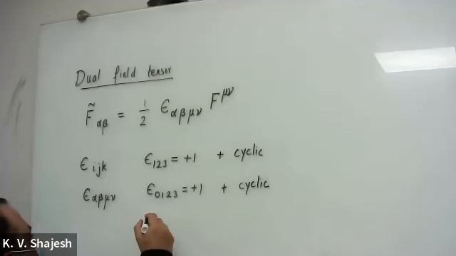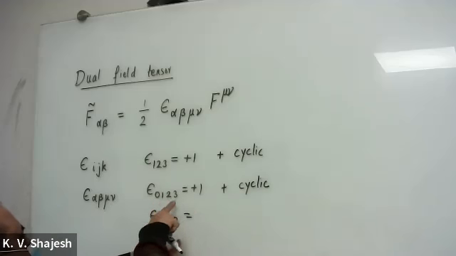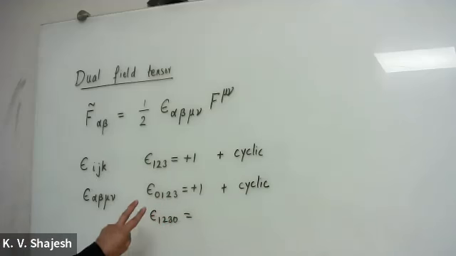So for example, 1, 2, 3, 0, right? That seems cyclic. But what is this equal to? To get from here to there, I have to make 3 swaps: 0 and 1 swaps, then 0 and 2 swaps, and 0 and 3 swaps. That's equal to -1, even though it looks cyclic.